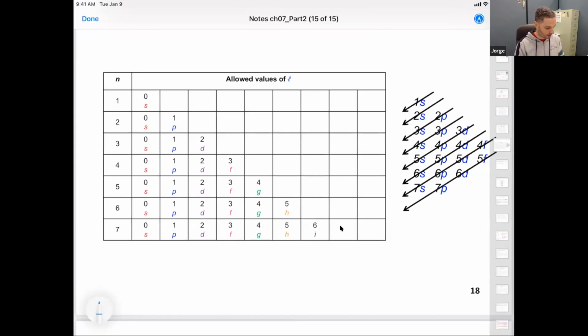The L quantum number is correlated with the shape of the orbital. We are going to talk a little more about it, and it is a function of n. As we can see here in the table, we have all the possible values for L as a function of the shell.